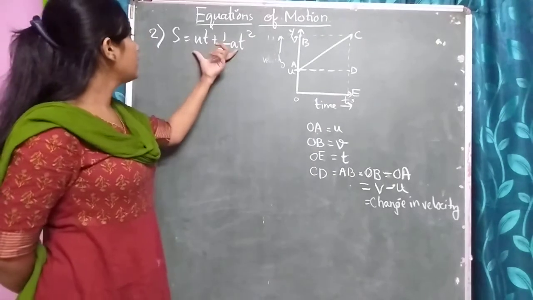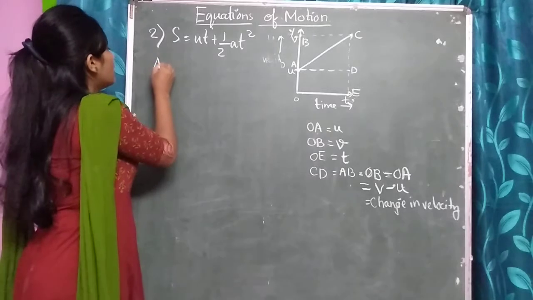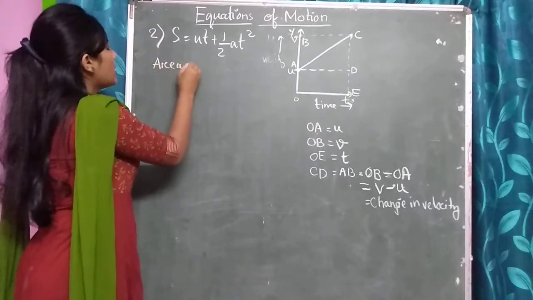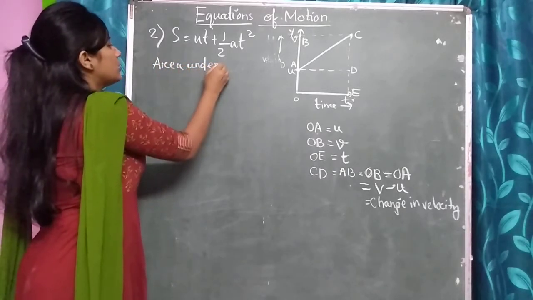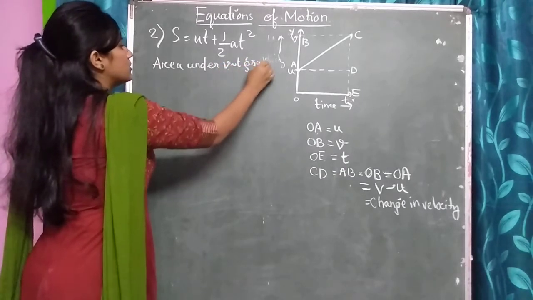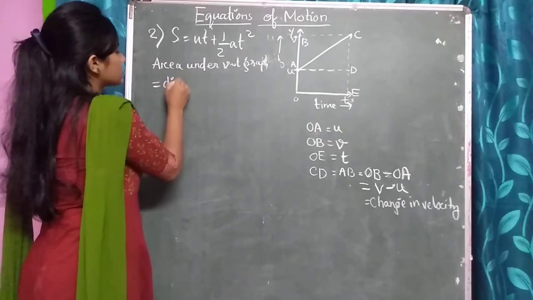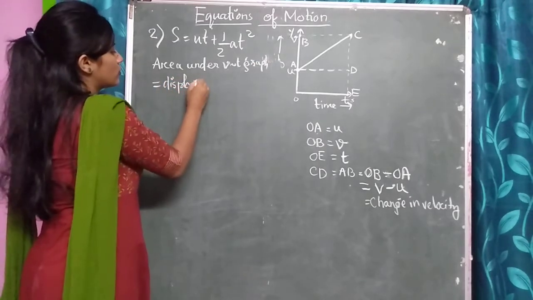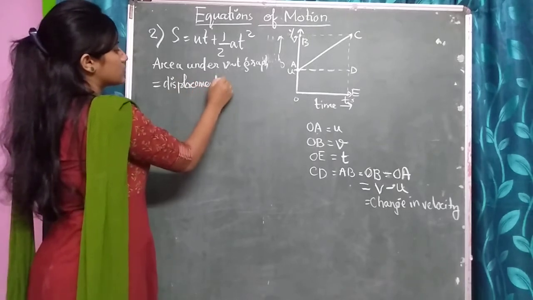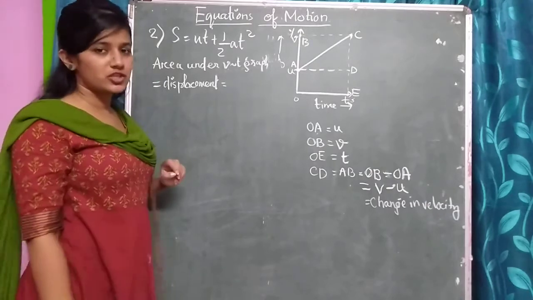First you will write, the area under V versus T graph is equal to the displacement. So displacement is equal to the area under V versus T graph.